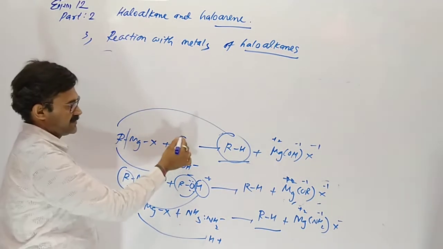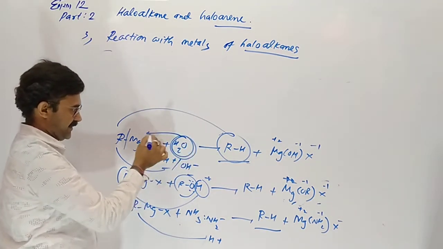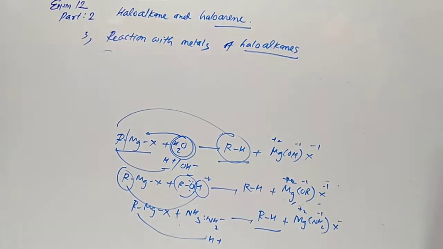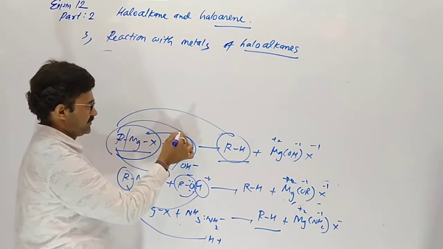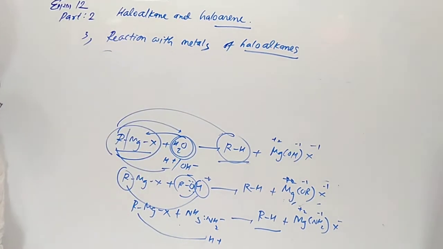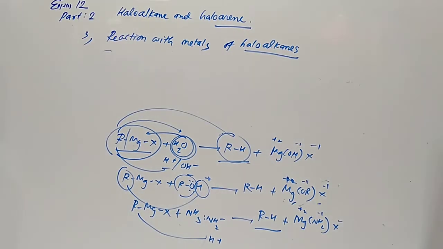If a very small amount of water is present, it converts into hydrocarbon. On the other hand, this can be considered one of the methods for converting halide into hydrocarbon. Yes, in the Grignard reagent we are adding water, so it gives hydrocarbon. For getting hydrocarbon, this method is very useful.